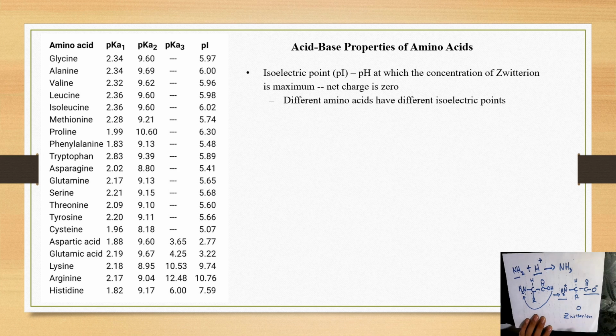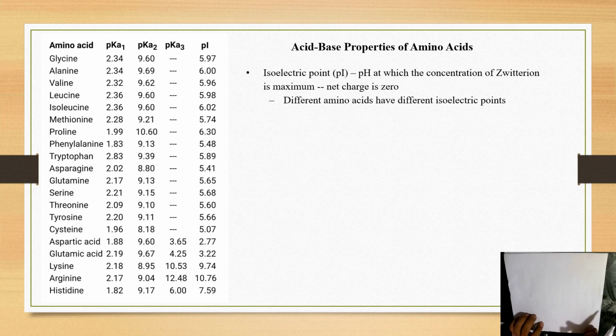In other words, we can attain a zwitterion form of the amino acid if the amino acid is at its isoelectric pH. As you can see on the screen, the different amino acids have different isoelectric points, or the pI. Isoelectric point is a pH where the amino acid is in zwitterion form, or the net charge, as I said, is zero.